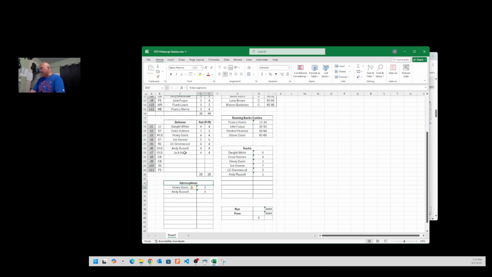Jack Ham. So Jack Ham, I'm surprised at the W10. I had no idea. I mean, he's a linebacker, but I always thought he was a bigger guy sacking quarterbacks. He's a W10. QS1. Jack Lambert. He's a 4 and a W4.